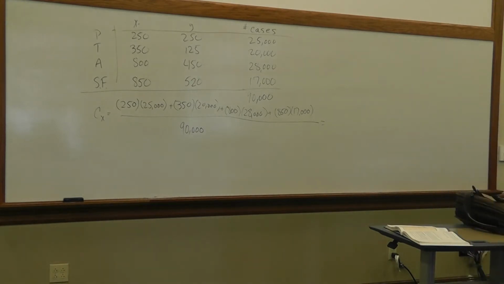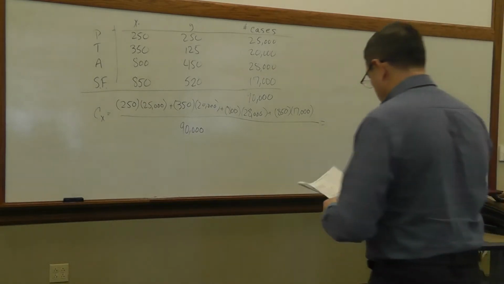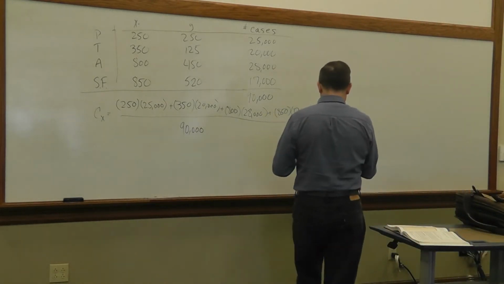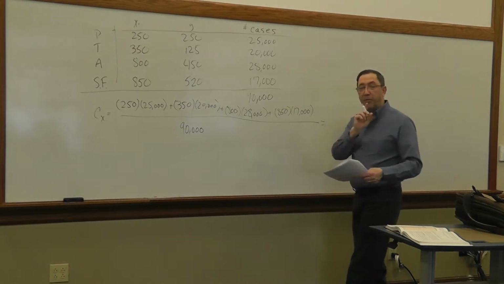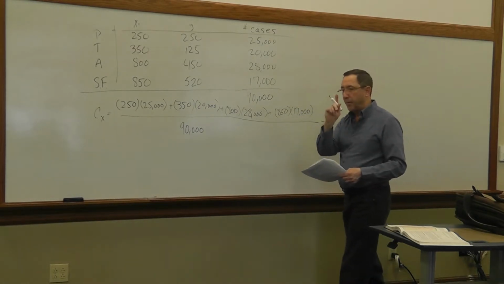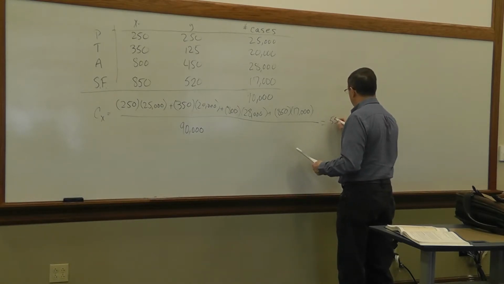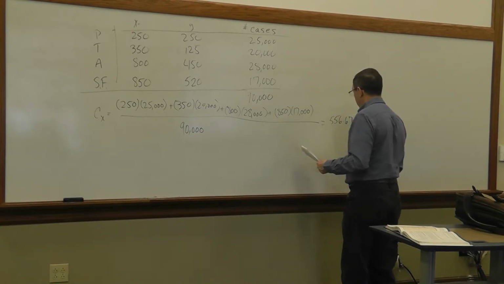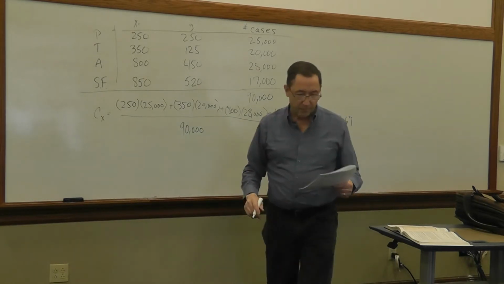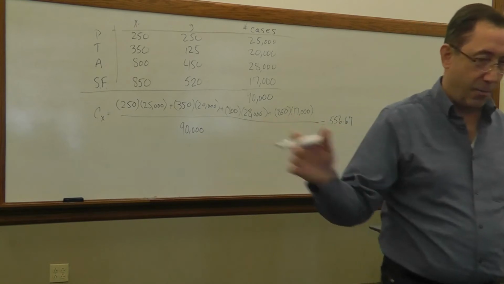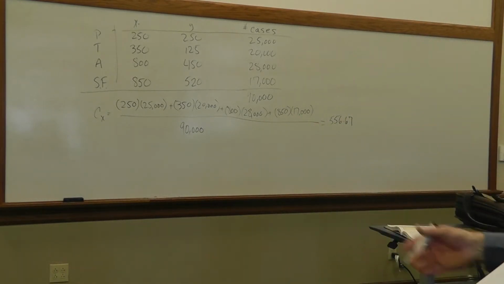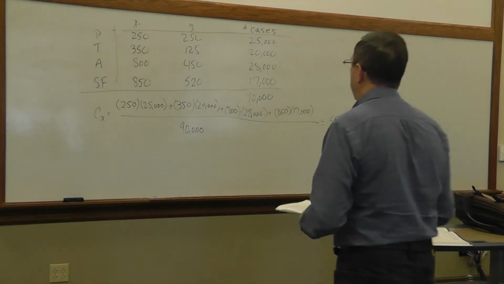I did this on a calculator, so I'm hoping you will double check me on this. Actually, I double checked myself by an alternative method I'm going to present shortly. It comes to 556.67. Depending upon how big your grid is, maybe you just round it off and get something close enough.